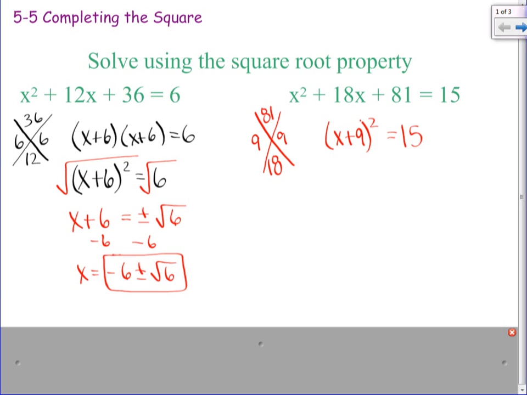Again, at this point, what are we going to do? Square root both sides. So now we've got x plus 9 equals plus or minus root 15. And then we just subtract 9.